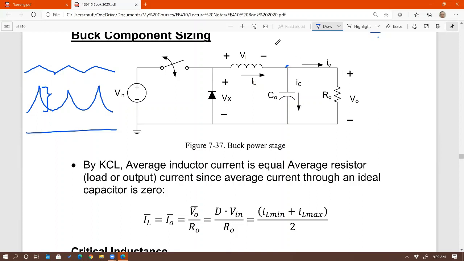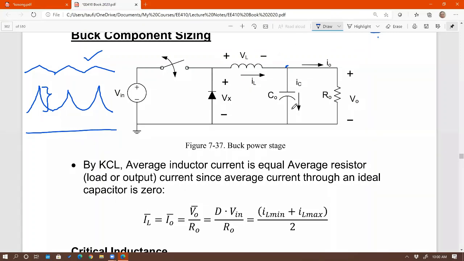However, if I am interested in average current only, we already know how to find the average current of an inductor current. That's just IL max plus IL min divided by 2. So if I'm only interested in average quantity, we know that by amp-second balance, the average current through the capacitor must be equal to 0. So therefore, IL average must equal I out average.